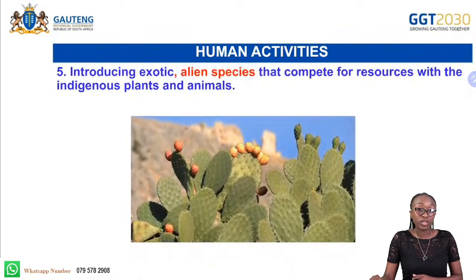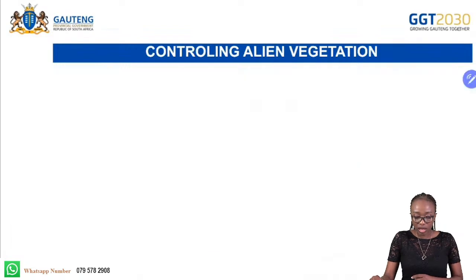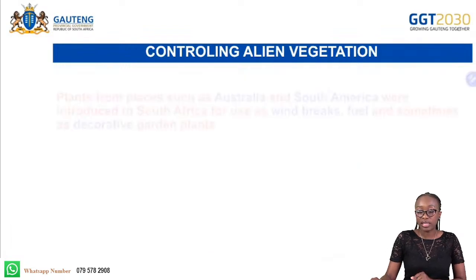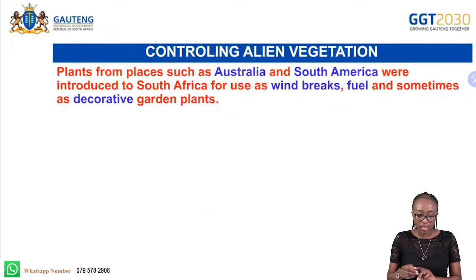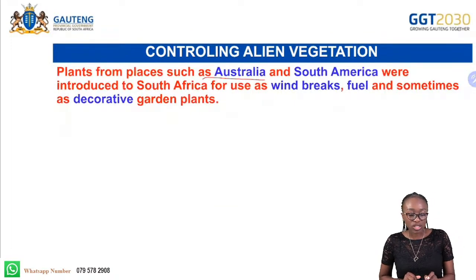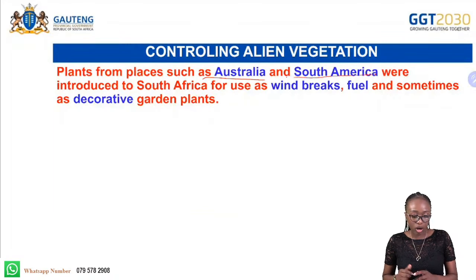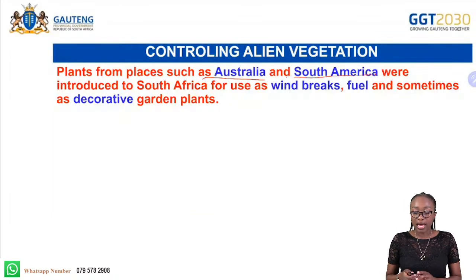For example, the prickly pear is not indigenous in South Africa. So it was introduced by people that came to the country and then started planting it. Now the problem with having these alien species is that plants from places such as Australia and South America were introduced to South Africa for different uses.